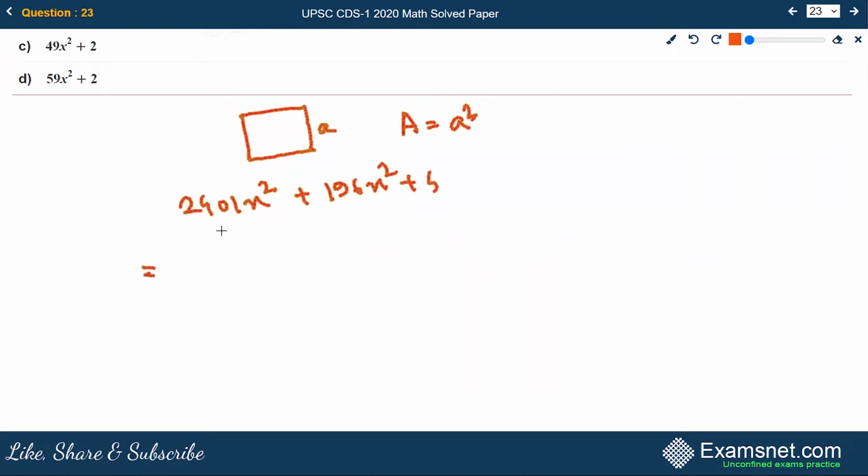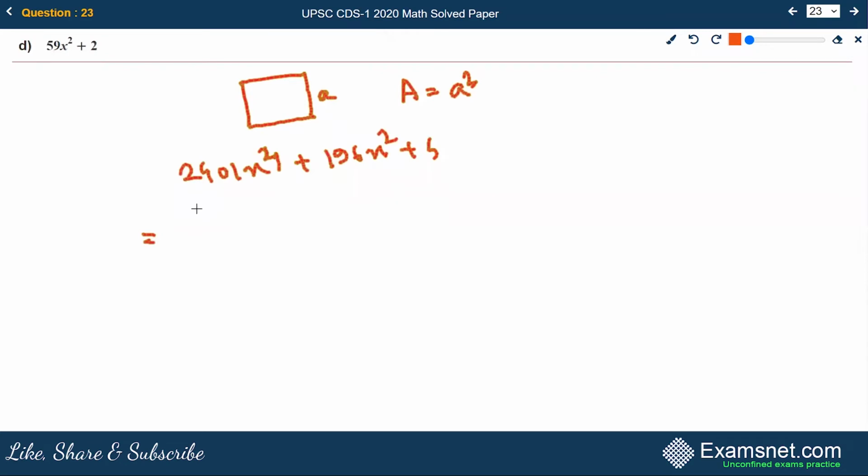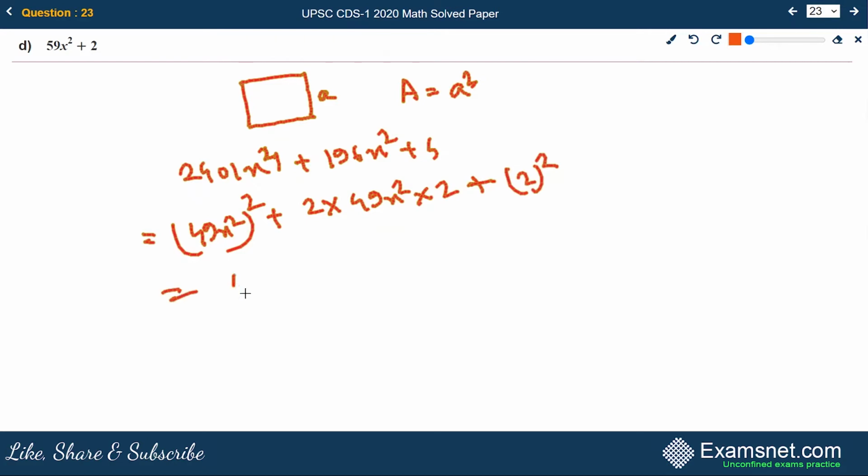We can further write this as 49x square whole square plus 2 multiplied by 49x square multiplied by 2, and 4 can be written as 2 square. So it becomes 49x square plus 2 whole square.